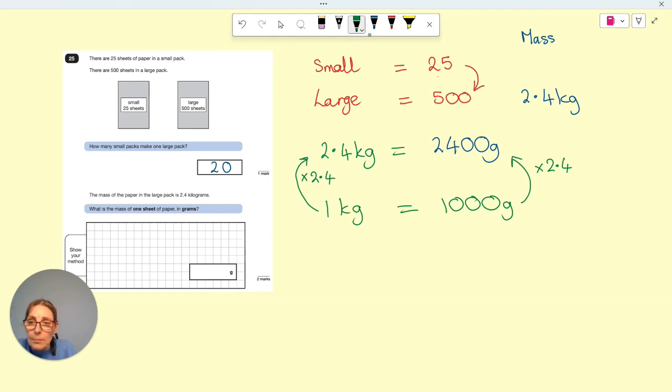Right, it says 1 sheet of paper. Well, the large pack contains 500 sheets of paper. So we've got to work out how many 500s fit into 2,400.